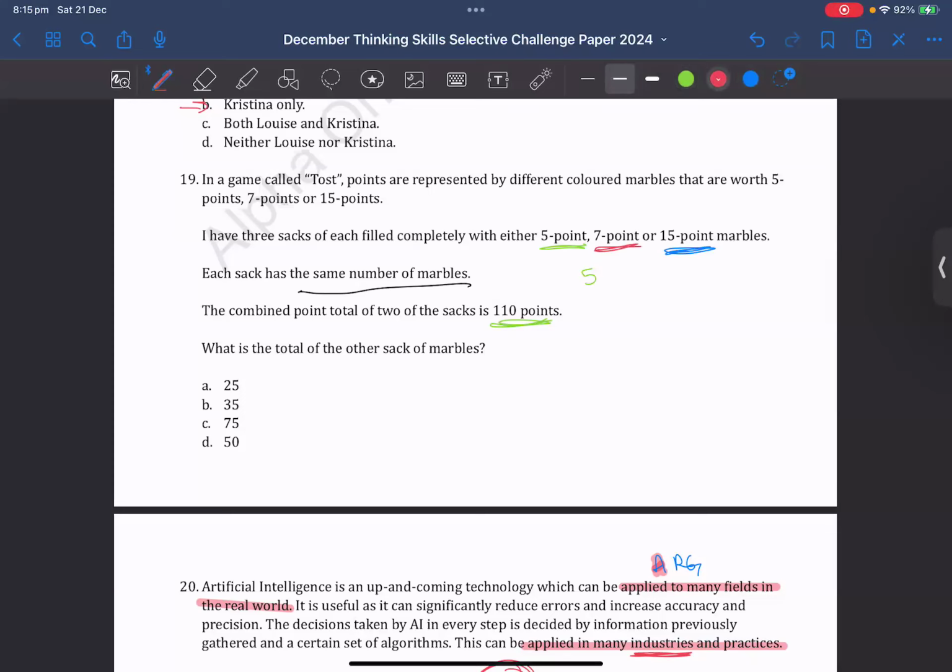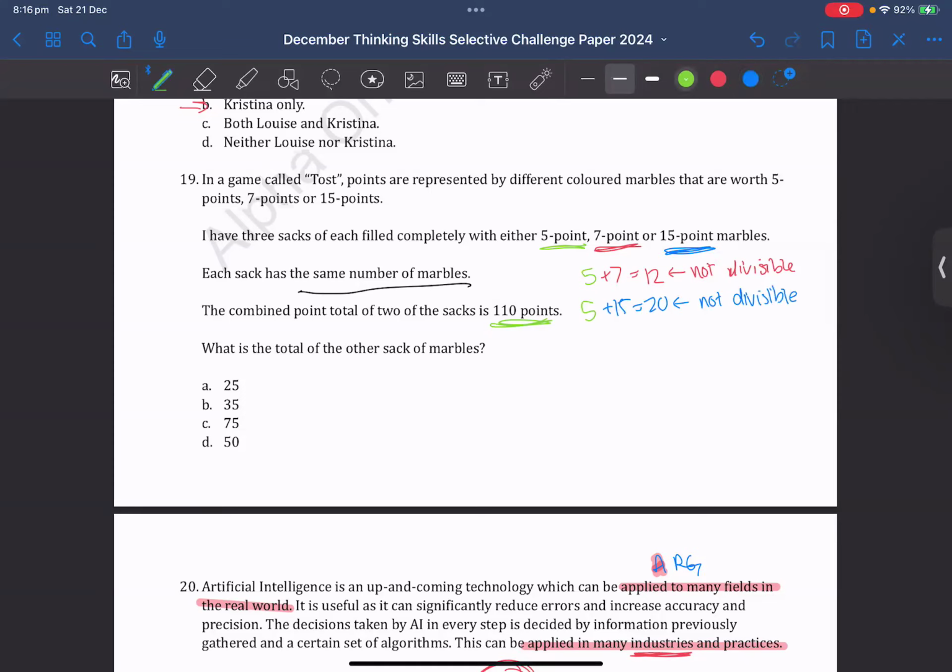So 5 plus 7. I know that the combo has to be a factor of 110. 5 plus 7 is 12, and 110 is not divisible by 12. Moving on, 5 plus 15 is equal to 20, which is also not divisible.